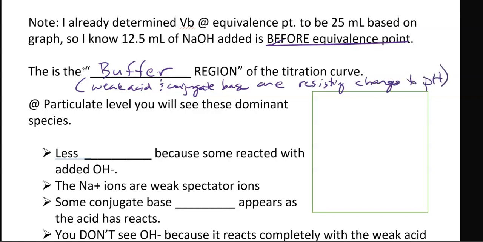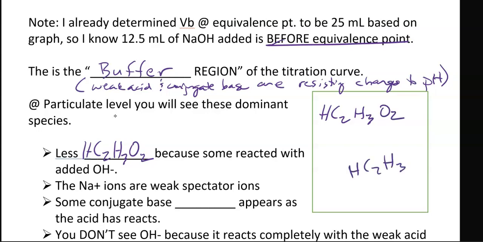So notice that the pH is staying kind of steady in this point in the titration curve. Well, what's going on at the particle level? Well, we're going to have less acetic acid than what we started with because some of that reacted with the hydroxide. So I'm going to draw maybe 2 molecules of acetic acid.